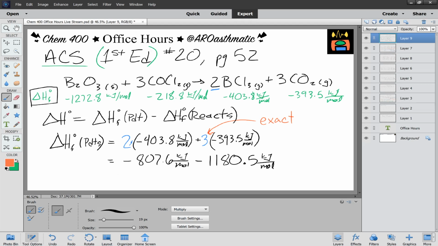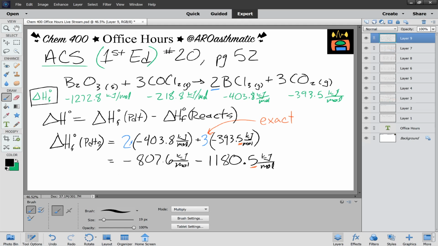And so if you're multiplying 393.5 times 3, that's literally saying 393.5 plus 393.5 plus 393.5. So since you're doing an addition, you've got to have the same precision, so we're keeping the same decimal place for both of these. All right.